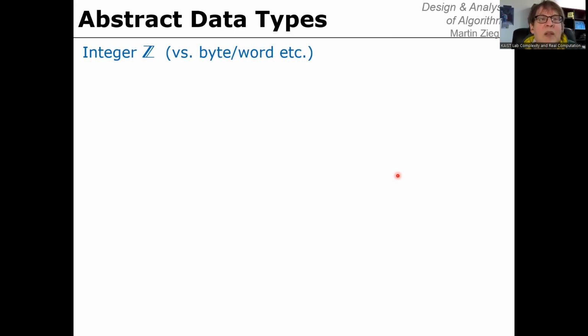So on the one hand, there's hardware: byte and word both exhibit wraparound effects. Bytes have them earlier, words have them later, whereas mathematical integers don't. And abstraction means we ignore how this data type of integers is actually constructed or implemented, and we only make use of its properties with or without wraparound.